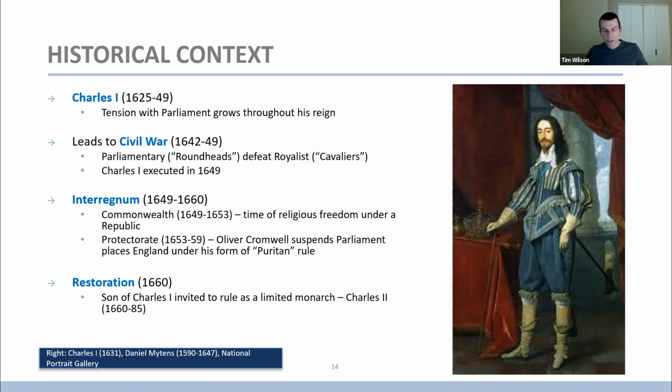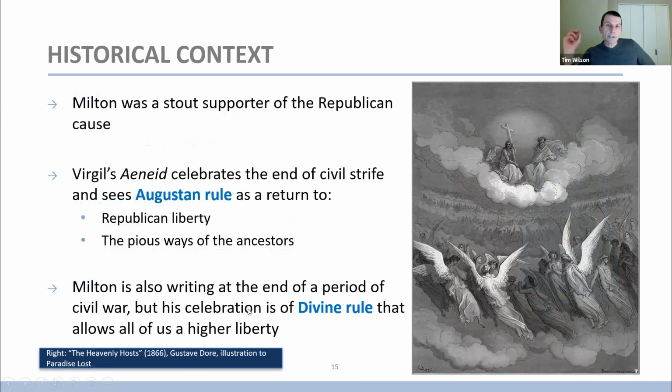And then a restoration, so royalist forces are able to arrange a restoration of Charles's son with limitations on the power of the monarch, as Charles II in 1660.